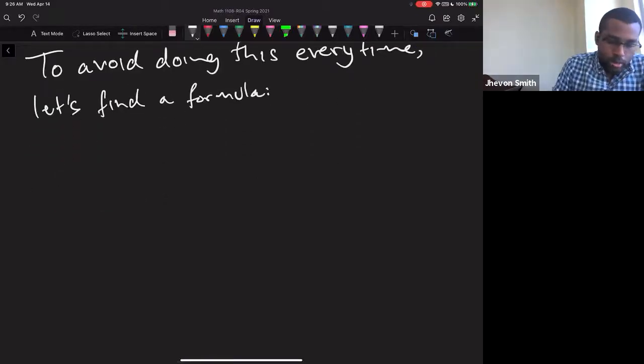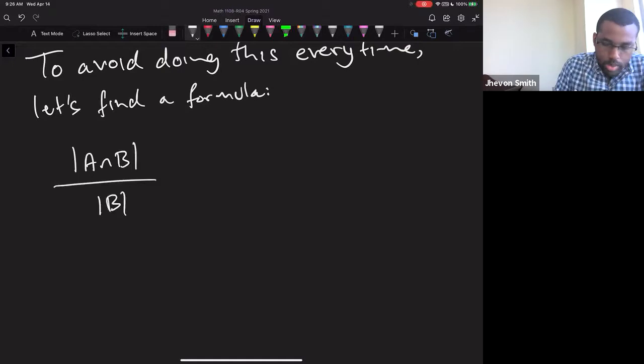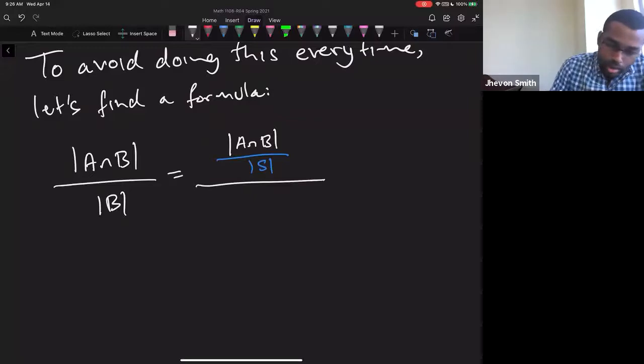So that formula is going to be, if I take A intersect B over B, I can divide the top and the bottom by S. That's like multiplying by 1.